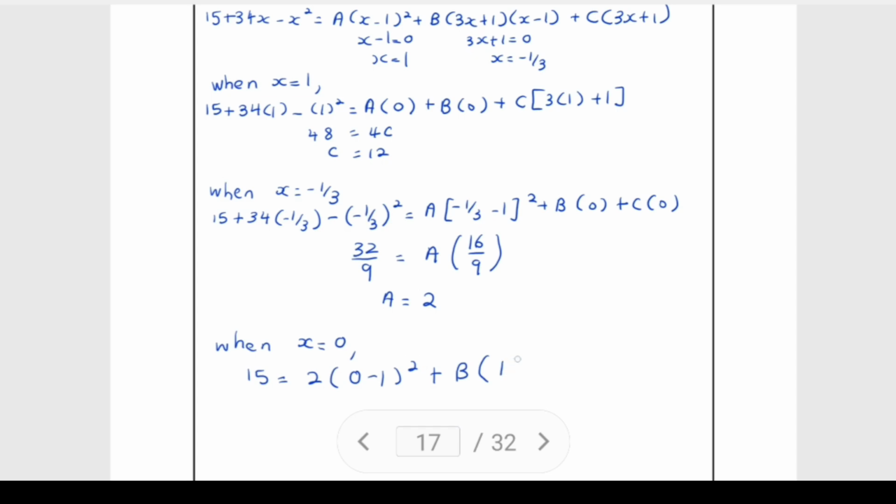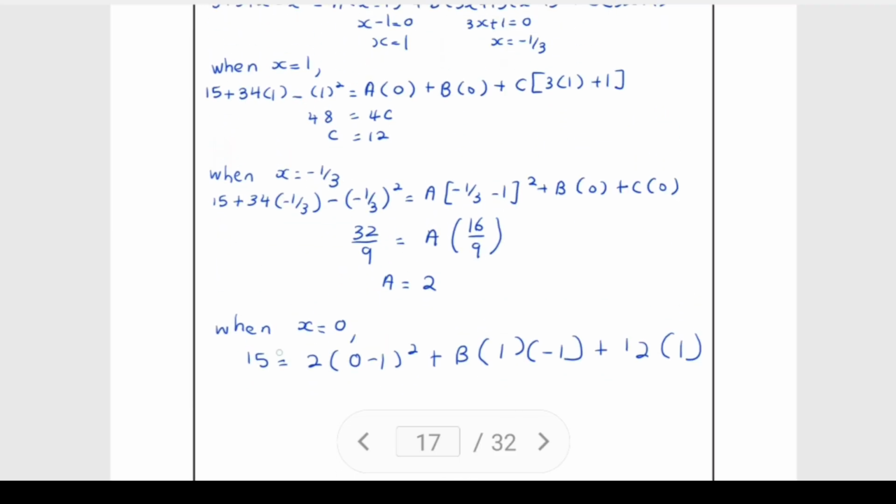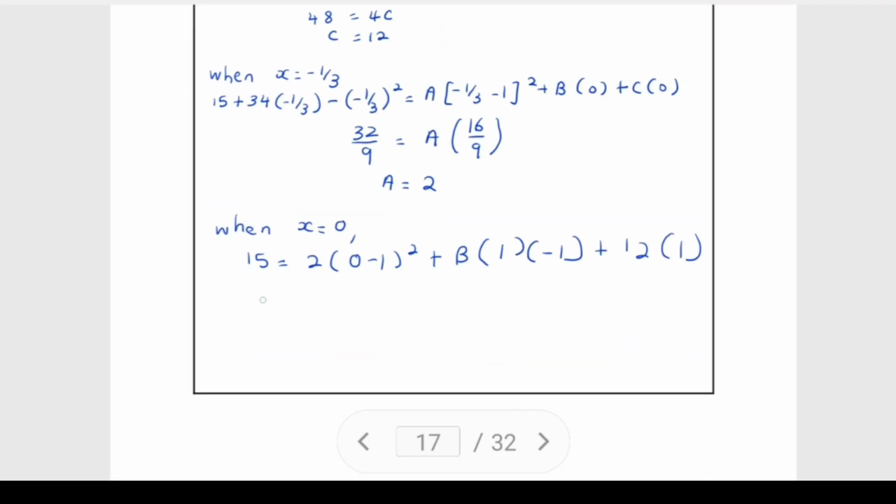So we get 2 times 0 minus 1 squared, so we have minus 1, plus c, which is 12, times 3 times 0, 0 plus 1, so 1. When we simplify the equation, on the left hand side we have 15, and on the right hand side we have 14 minus b. So b equals negative 1.